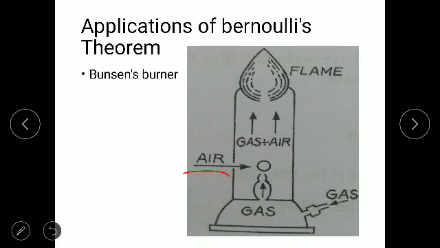Since the nozzle O is fine, the gas enters with a large velocity, and so the pressure inside the tube is lowered than the outer atmospheric pressure. Therefore, air from outside rushes into the tube through a hole and is mixed with the burning gas. So with the very small nozzle over here, the gas enters with a very high velocity. Okay, this is the first example.